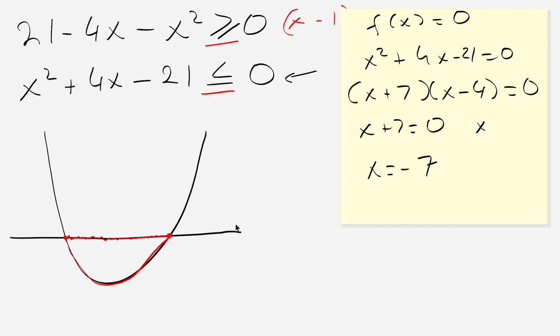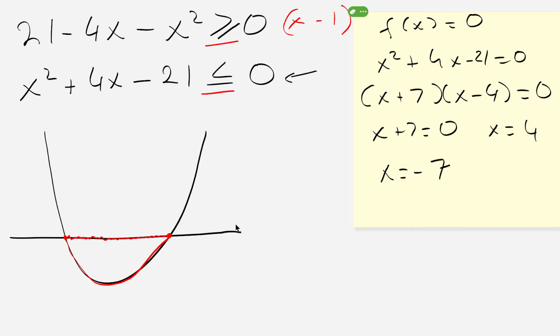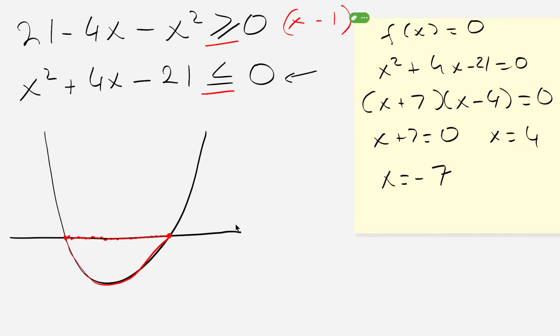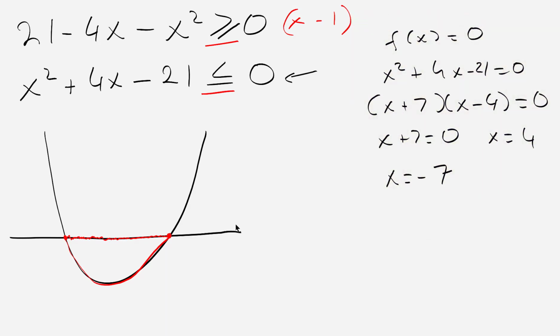X is minus 7, and your other root will be x is equal to 4. They are my roots. So once I have found my roots, I can put them into my diagram. So the roots, as we just found, are x equals minus 7 and x equals 4.